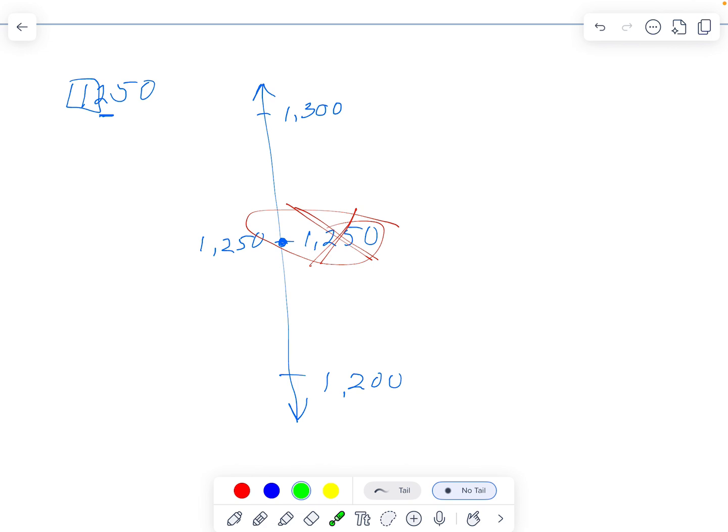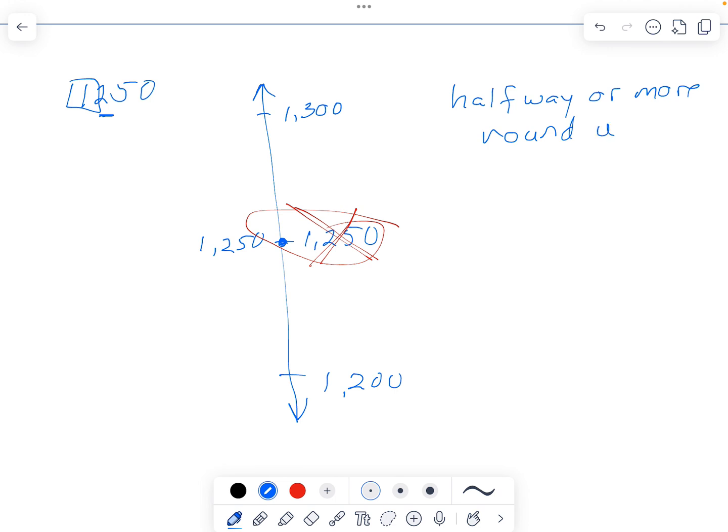Mathematicians came to the agreement that if it is at the halfway point or more, then we are going to round up. So everybody's doing it the same way and there is no confusion.